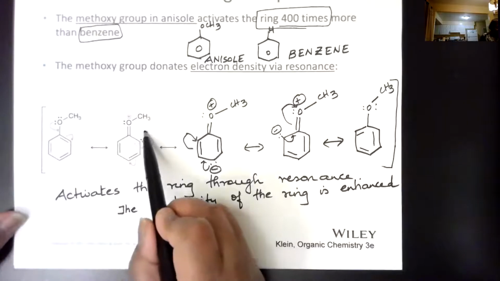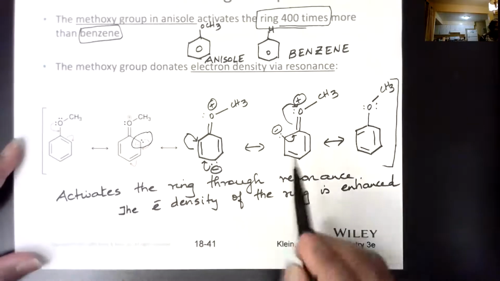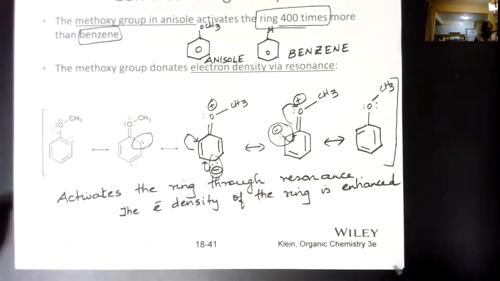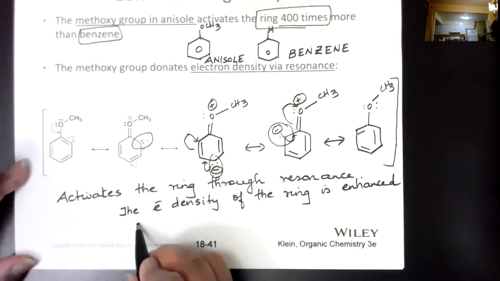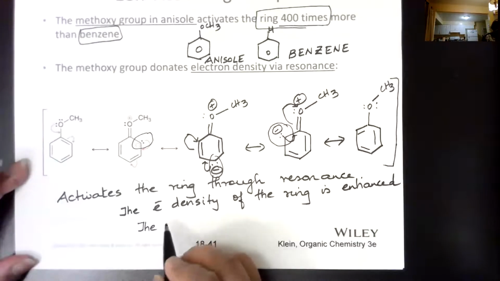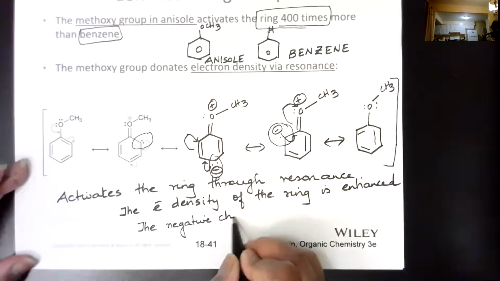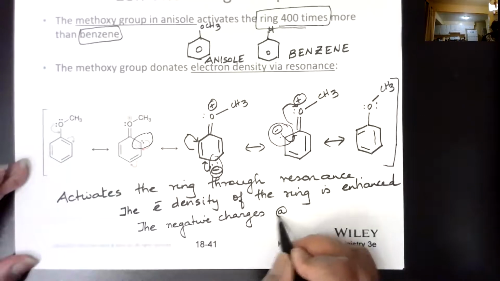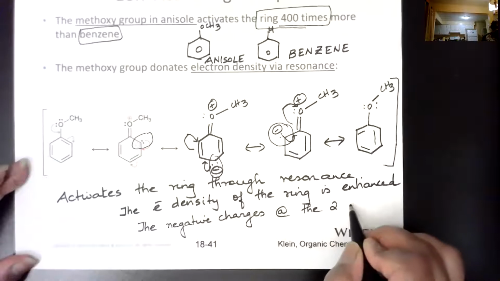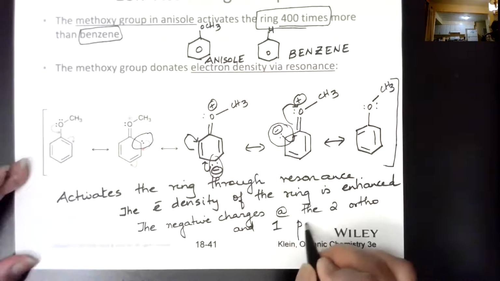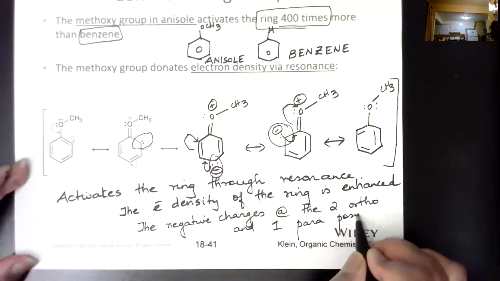What position is that? You see the electron density greater at the ortho and para positions. The negative charges are at the two ortho and one para position.